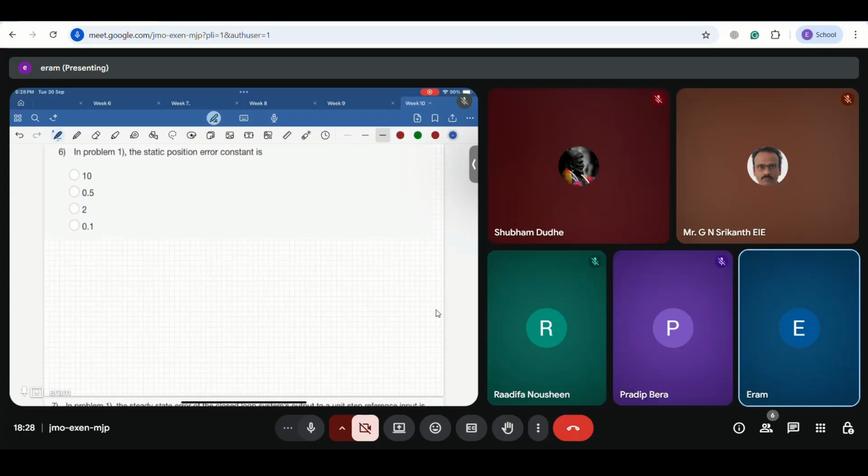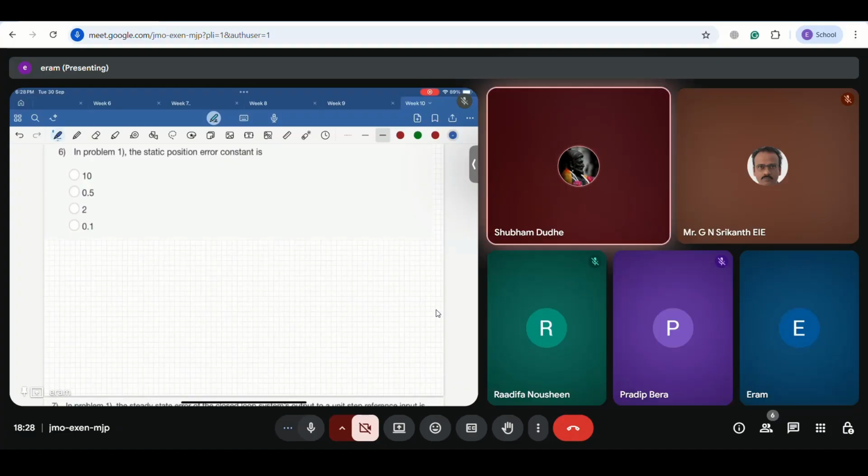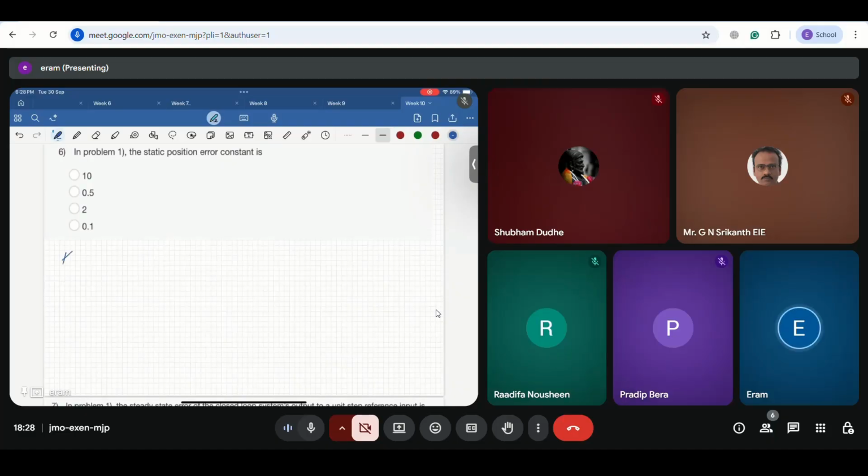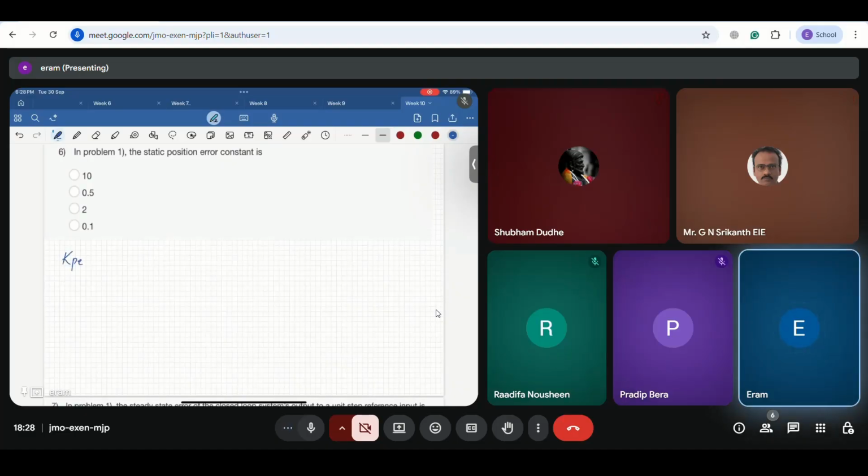Okay, what is the static position error constant? Do you remember the static position error constant? Kp. Yes, Kp. And how do we calculate it for the given open loop transfer function?